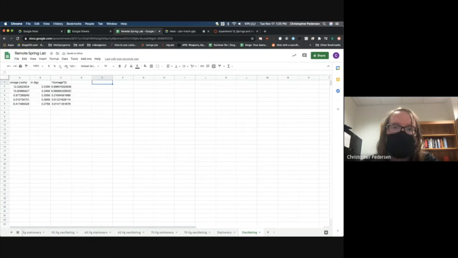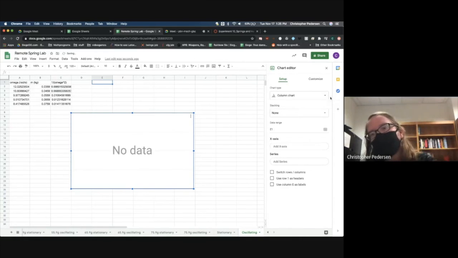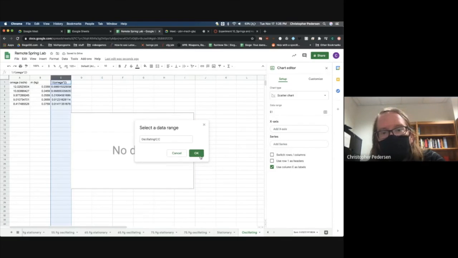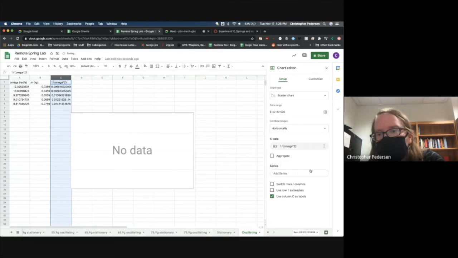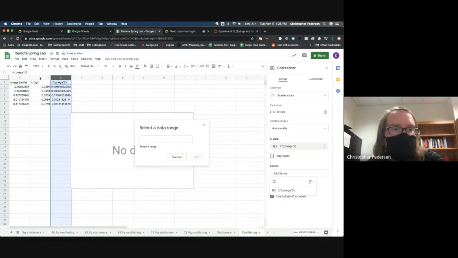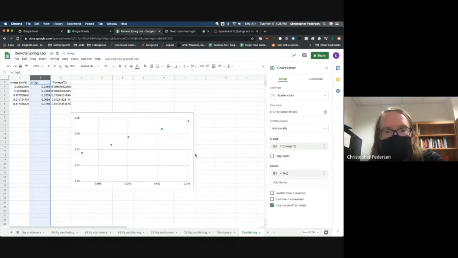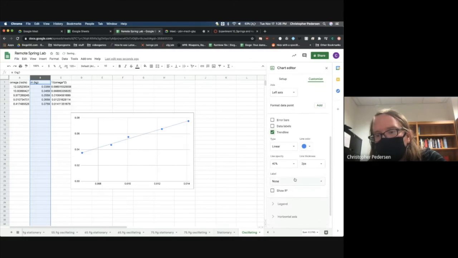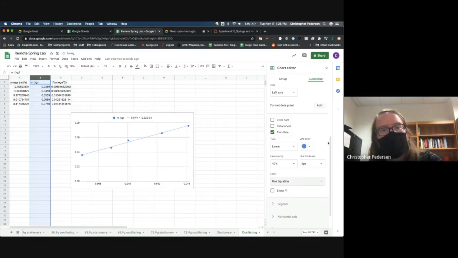And now I want to make a graph again. It's going to be scatter again. The x is going to be these values, and the y is going to be these values. And again, we want to add a trend line and use the equation.